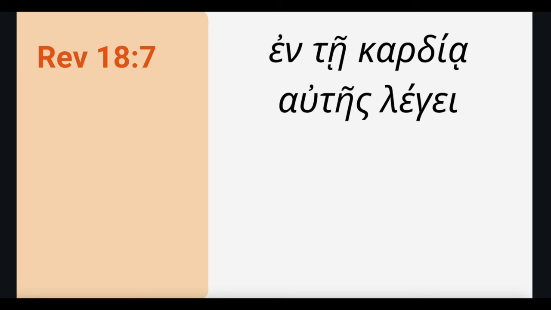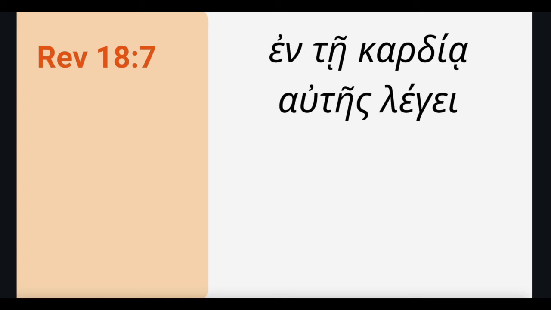So we see the word lege at the end of the clause, and again, it's going to mean he says, she says, it says. So we have to look at the context. Now, let's look at the other words that we have here. We've learned already in previous lessons that en is a preposition meaning in. It often means in. It has other meanings, but it means in, and that's what it means here.